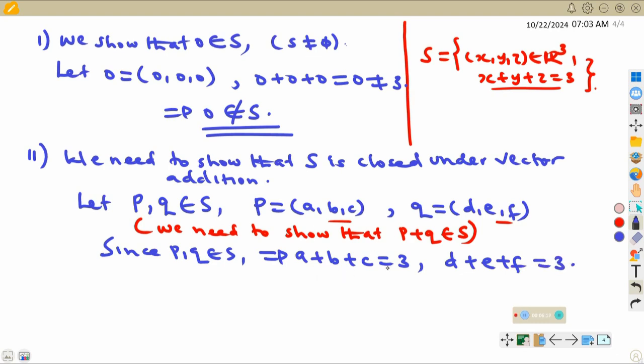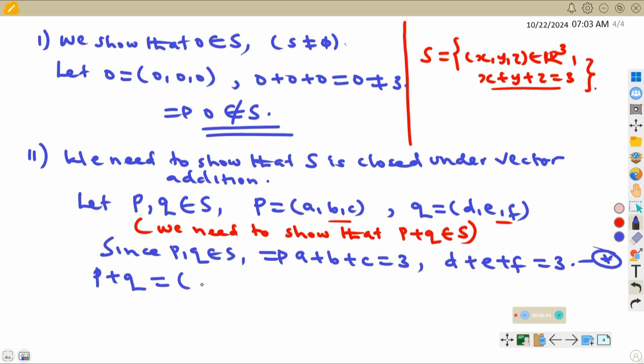So we are doing this because we have already said P and Q are elements of S. If they are elements of S, they satisfy this given condition. Let us have that as our equation star. But our interest is to show that P plus Q is an element of S. If that is the case, we need to first of all know what P plus Q is.